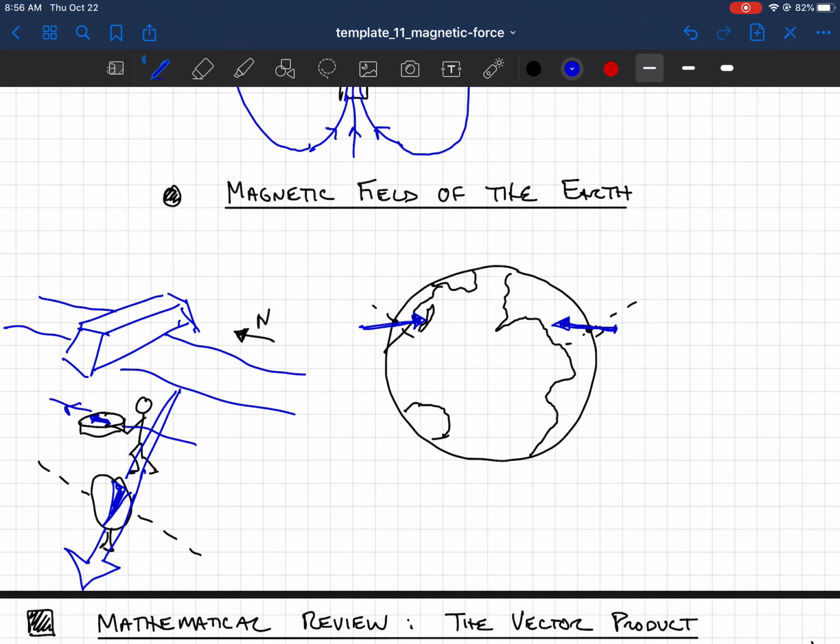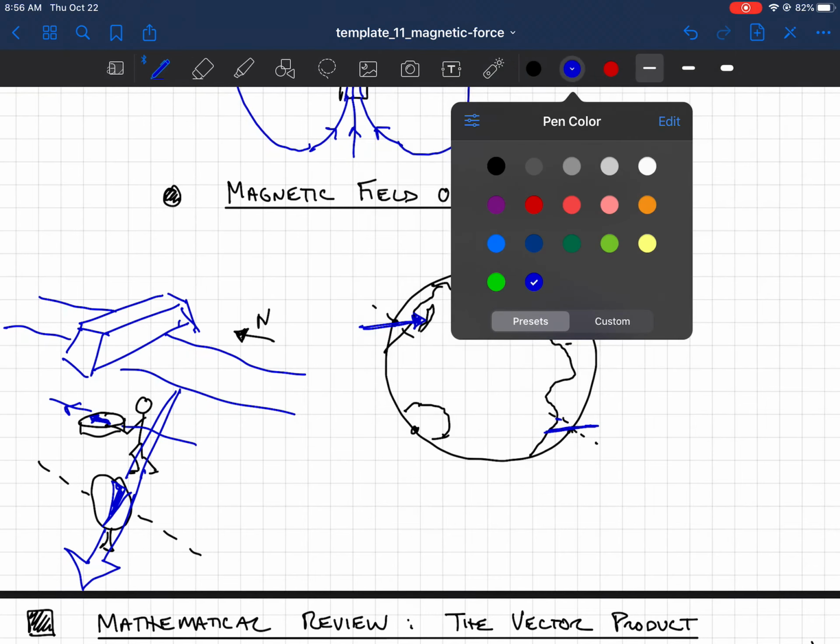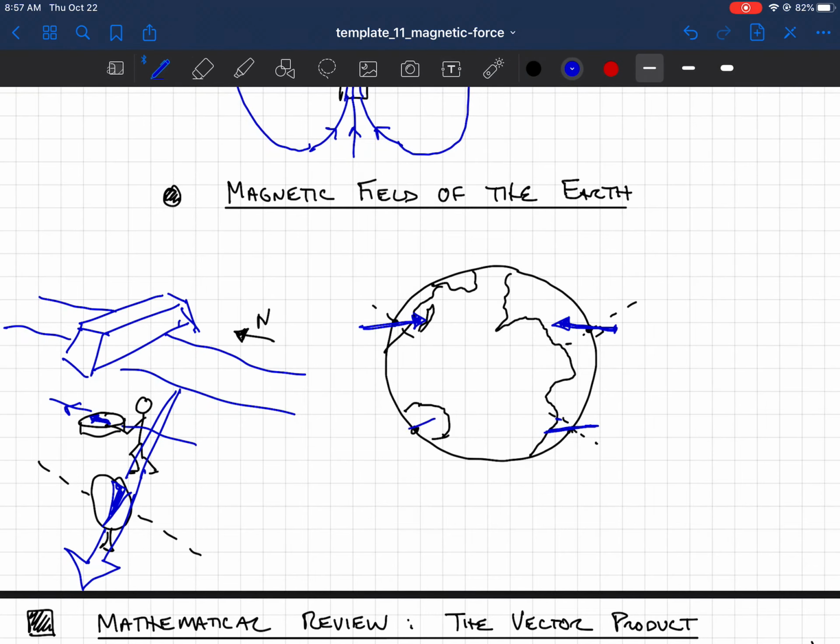And then down below in the southern hemisphere, it probably looks sort of symmetric. So it's going to be mostly out of the Earth and a little bit to the north, like that. And then mostly out of the Earth and a little bit to the north, like that.